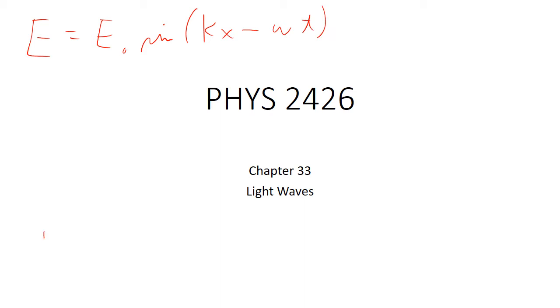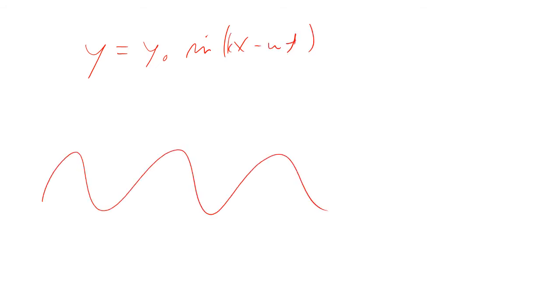And then B equals B naught sine kx minus omega t. Remembering what we had from waves in physics 1, wave y equals y naught sine kx minus omega t. So that defined a wave here.